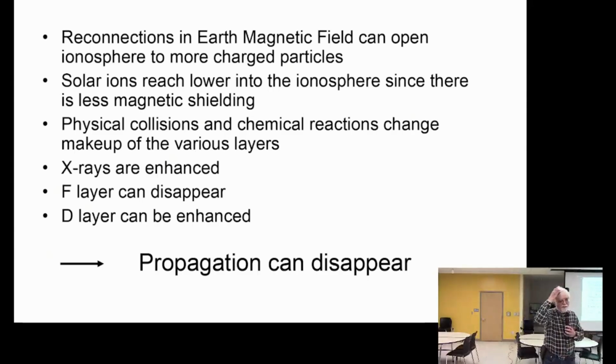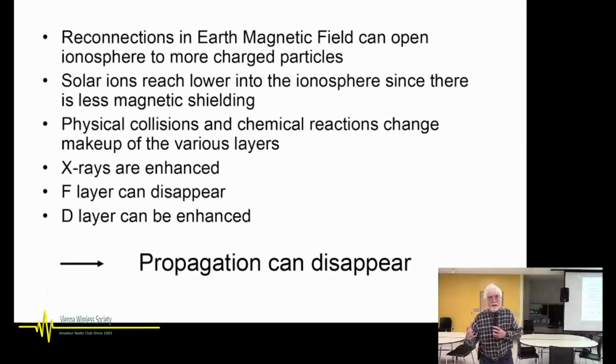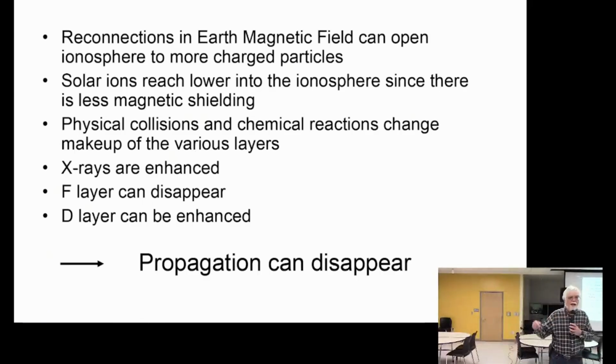And the thing about a solar flare though is that it takes about an hour for the recombination to start occurring again. So the effects of a solar flare last for about an hour, and then it starts coming back.